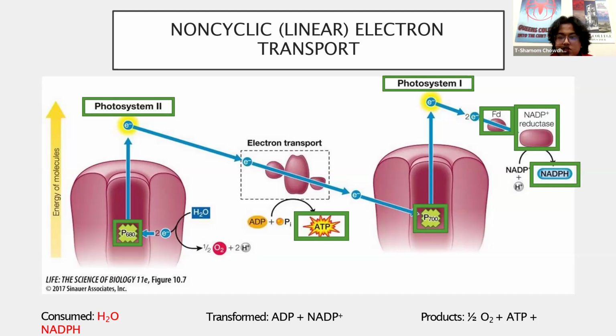ADP combines with a phosphate to produce ATP. Then that electron goes to P700 in photosystem 1, which is another electron acceptor. Same process, it energizes another electron. That electron goes through ferredoxin, which then goes through NADP plus reductase, which combines NADP and a hydrogen ion to create NADPH.